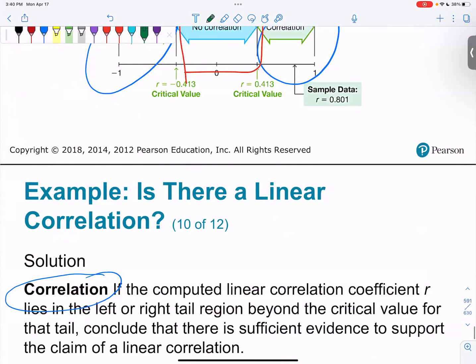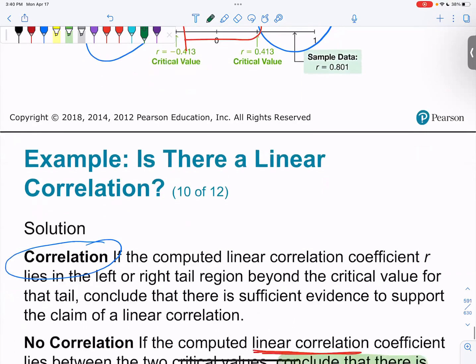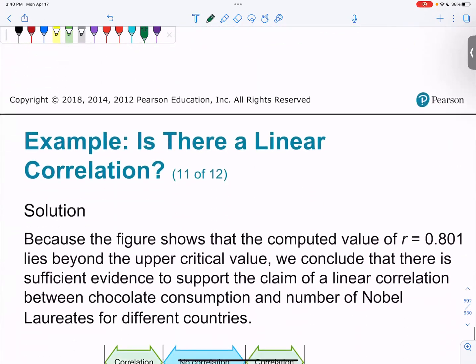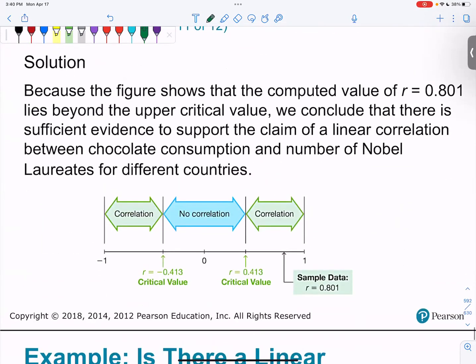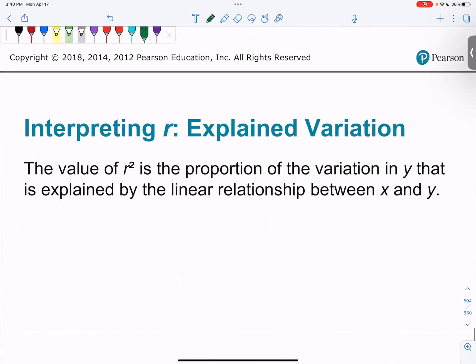You see the same example we did when we had the sample size equal to 5, we did say no correlation between those two variables, or no linear correlation. But when we did increase the sample size to 23, we did say, yes, we have correlation, or now we have a new evidence to support the claim of linear correlation. Okay, I think that's it.